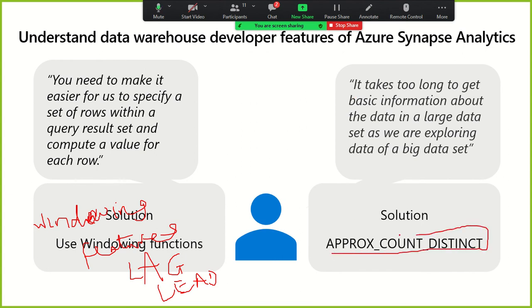There's what they call approx_count_distinct, that will return the approximate number of unique, non-null values in a group.